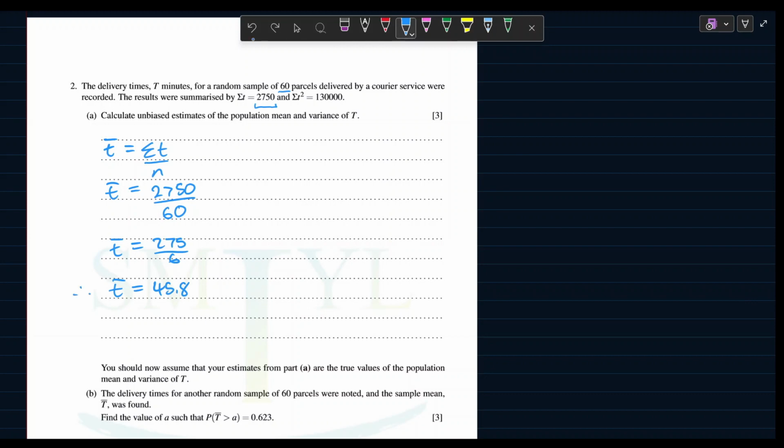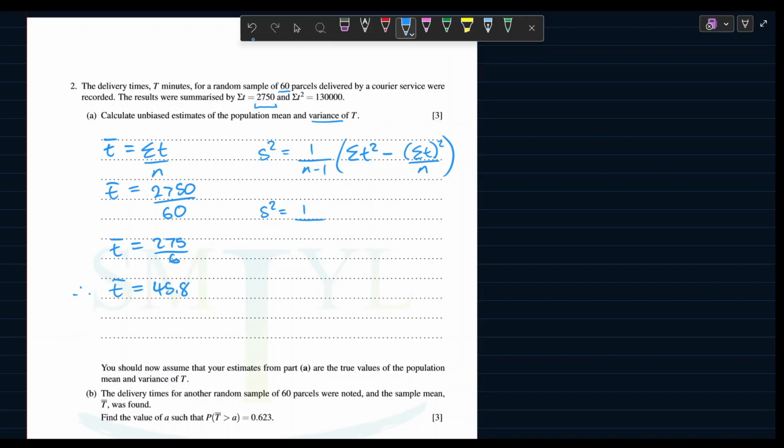Now we also need to find the unbiased estimate for variance. So that's denoted by s squared, and the formula we use is 1 over n minus 1 times the summation of t squared minus the summation of t squared over n. So let's just substitute into our formula.